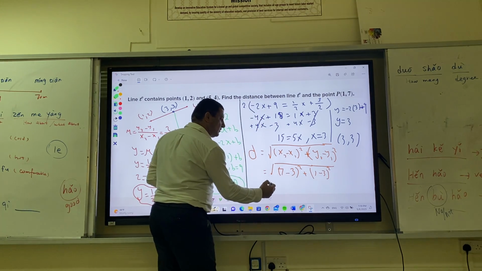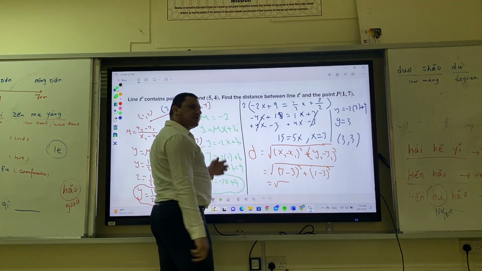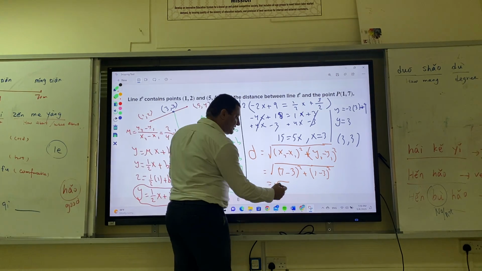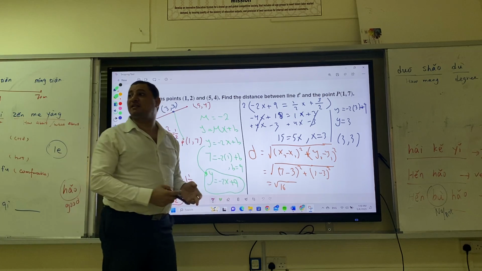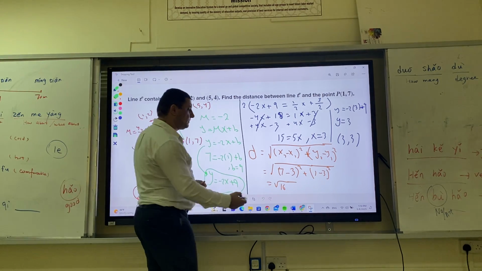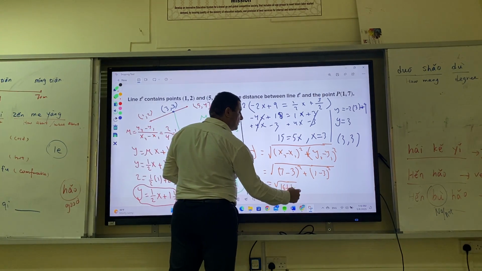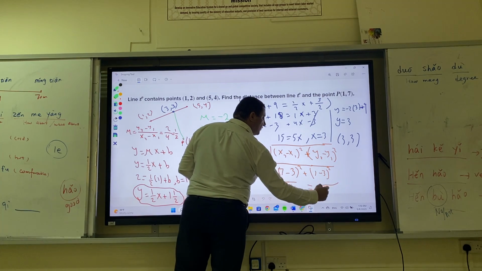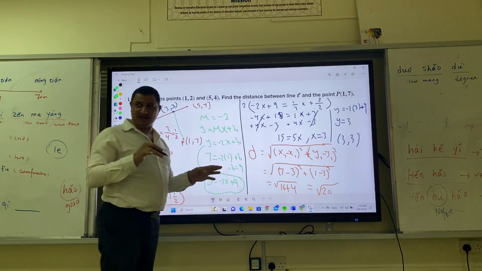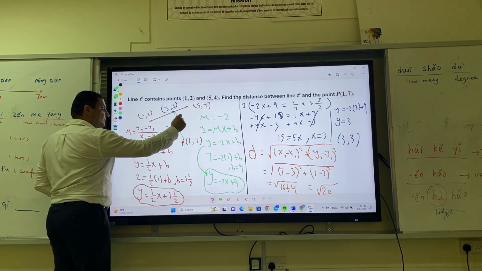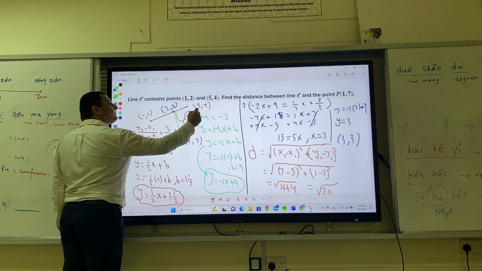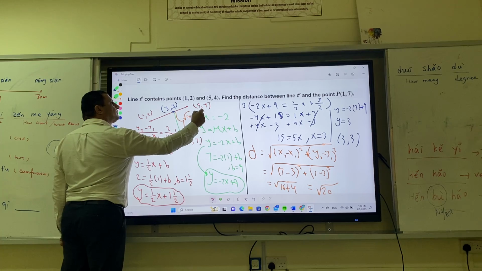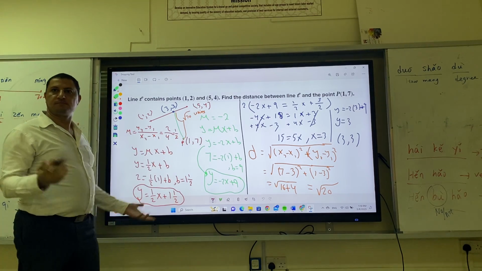Let's simplify. 7 minus 3 squared is 4 squared, that is 16. And 1 minus 3 squared is negative 2 squared, that is 4. So it's equal to the square root of 20, which means that this distance is square root of 20 units. That's it.